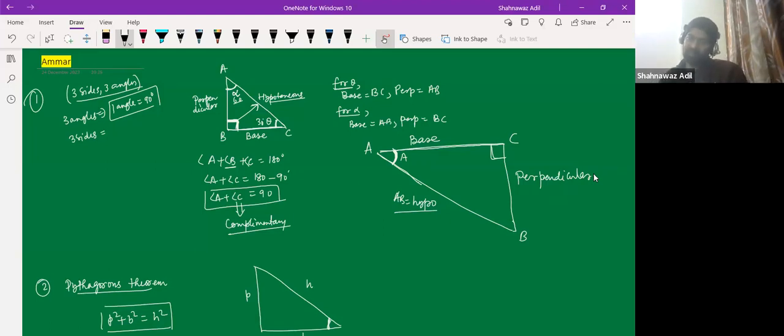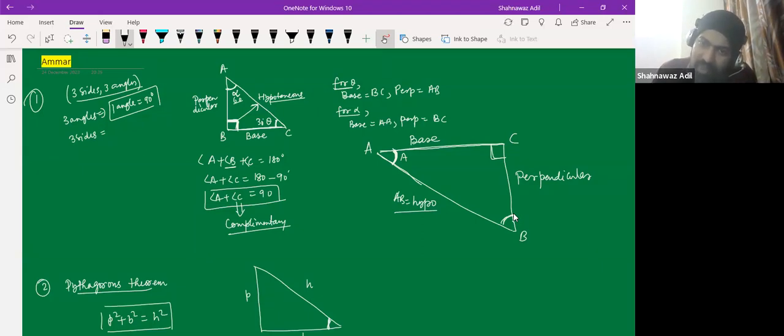Now there are some different functions. What is the purpose of those functions? Those functions relate these angles to the other sides of the triangle, and they are called trigonometric ratios.